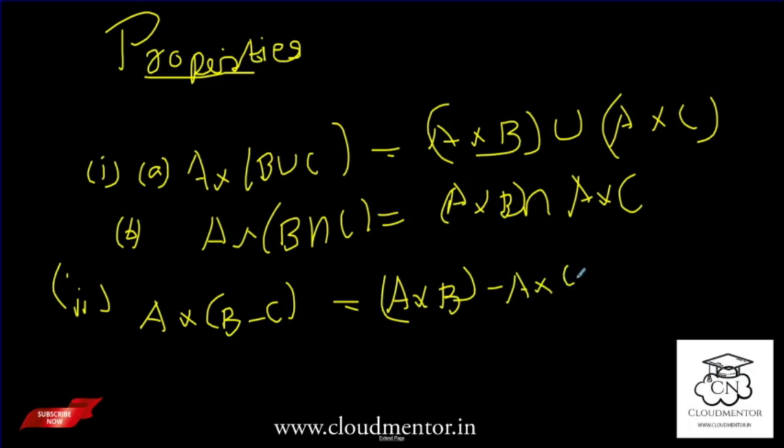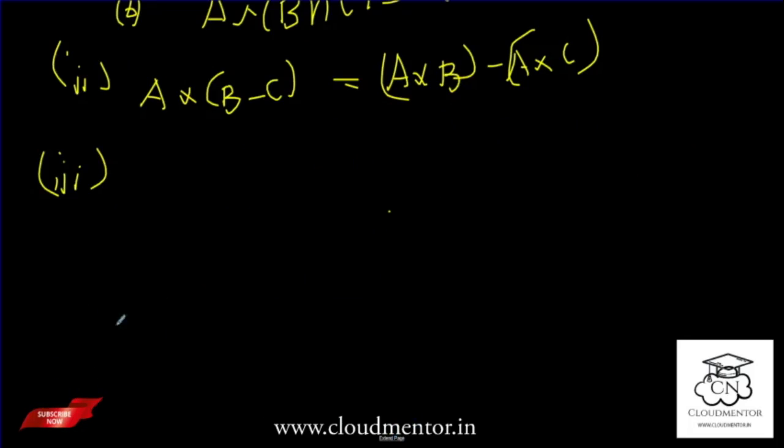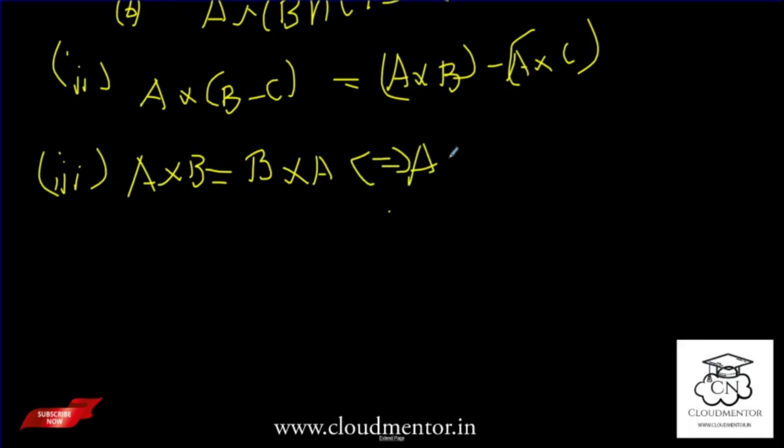And the third property is that A cross B equal to B cross A implies, and is implied by, A equal to B.